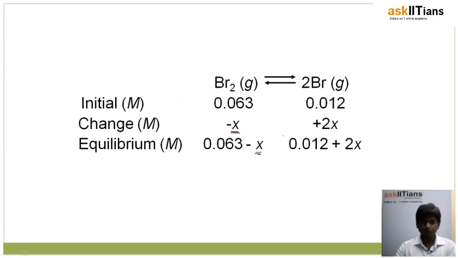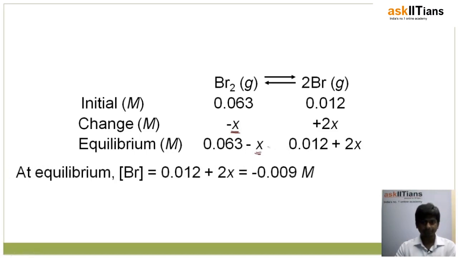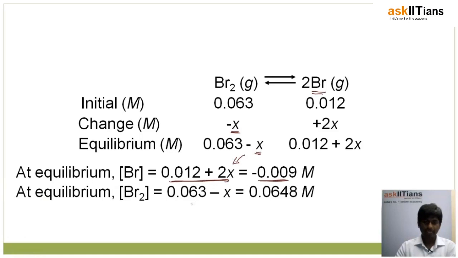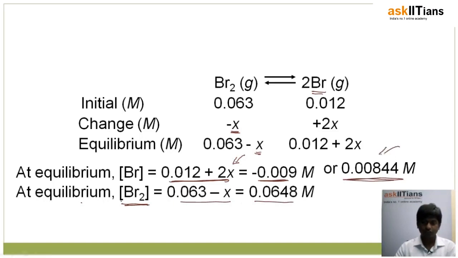At equilibrium, the concentration of atomic bromine will be this much plus 2x, so if I use the value of x obtained earlier, I get this much. And at equilibrium, the concentration of molecular bromine is this much, or this much by using the second value of x.